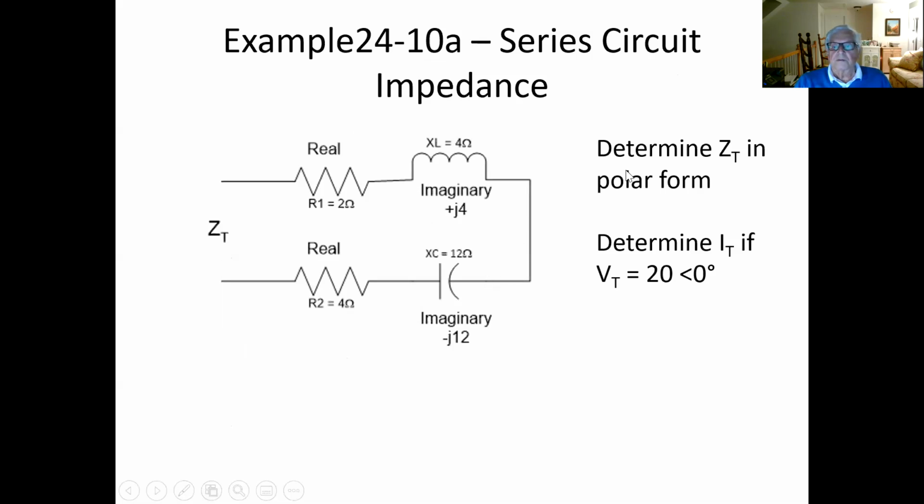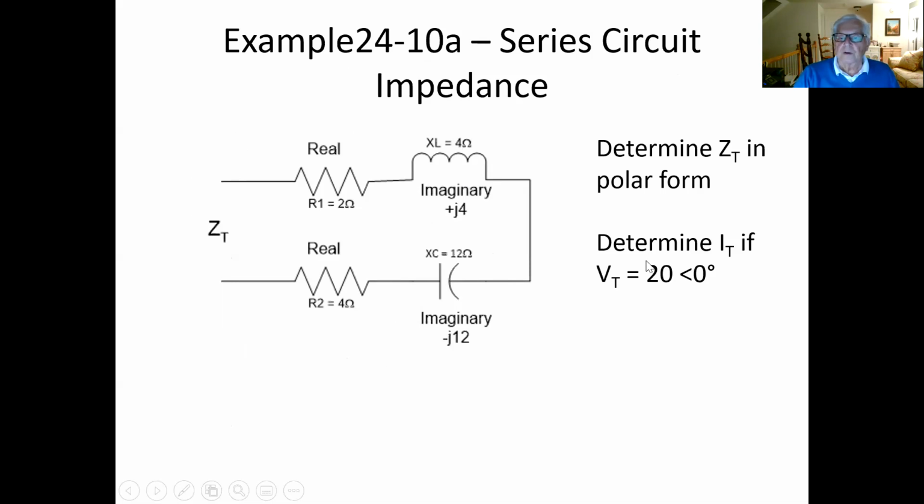So let's do a series circuit. We've got a 2 ohm and a 4 ohm resistor, a 4 ohm inductor and a 12 ohm capacitor.